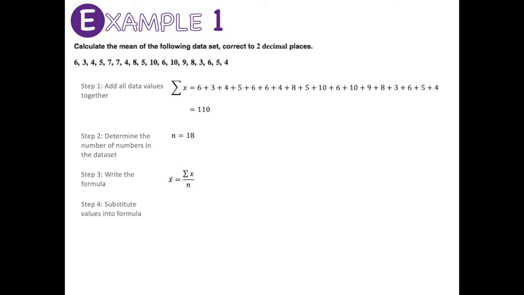So our mean is going to equal 110 divided by 18. Our final step is to calculate the answer, and our mean is going to equal 6.11. Now when you are calculating the average, if the question doesn't specify, calculate it to 2 decimal places. So that's an example of how we calculate the mean or the average of a data set.